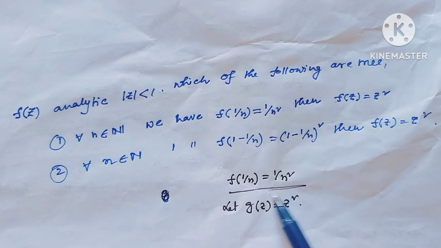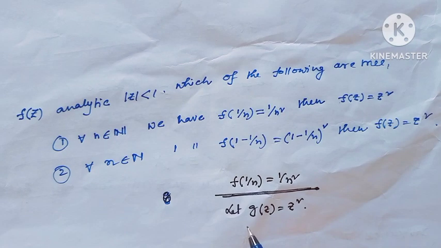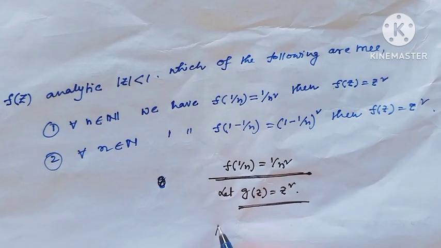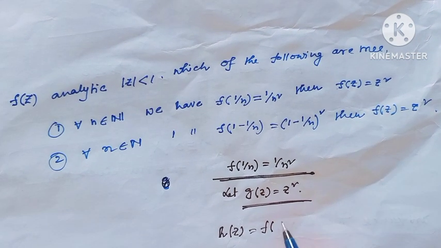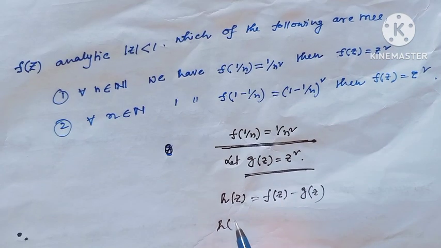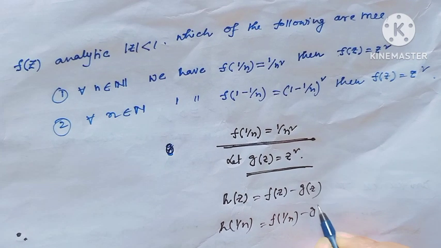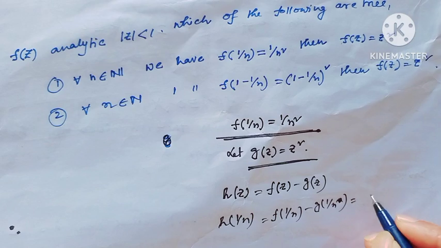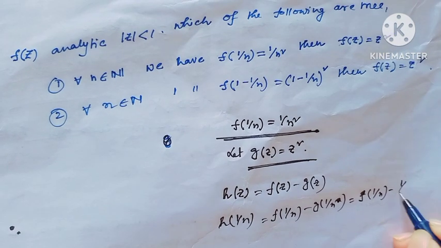f of 1 over n equal to 1 over n square. And consider a new function g(z) equal to z square. And consider h(z) equal to f(z) minus g(z). Then h of 1 over n equal to f of 1 over n minus g of 1 over n. f of 1 over n means 1 over n square, and g of 1 over n means 1 over n square.